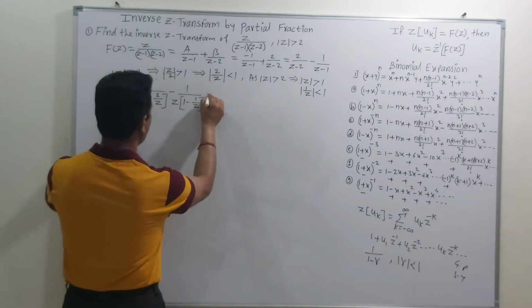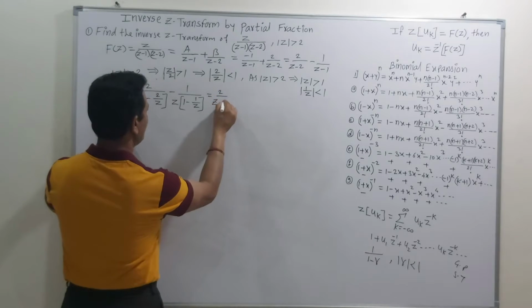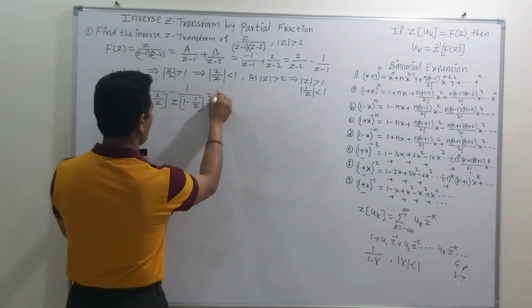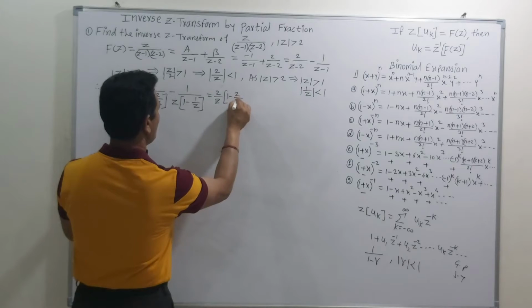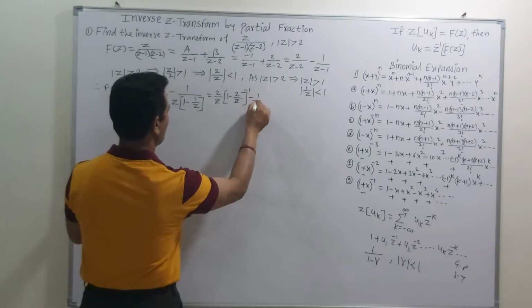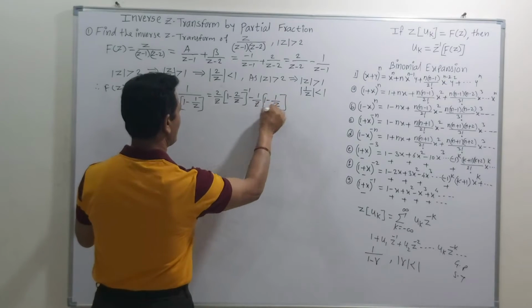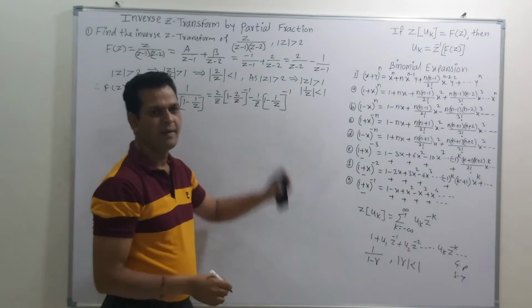So we can rewrite this as 2 upon z, then 1 minus 2 upon z raised to minus 1, minus 1 minus 1 upon z raised to minus 1 after taking it in the numerator. So this power becomes minus 1.